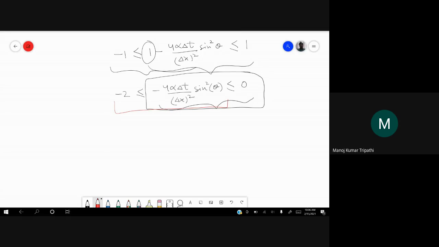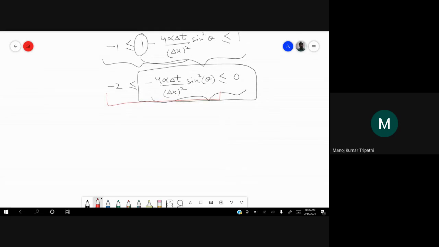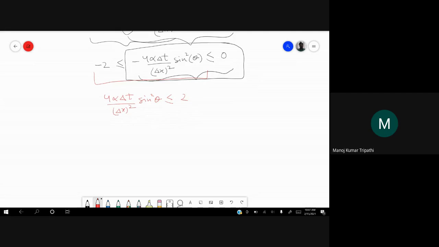So this becomes 4 alpha delta t by delta x square sine square theta is less than or equal to 2. This becomes alpha delta t by delta x square sine square theta less than or equal to half.